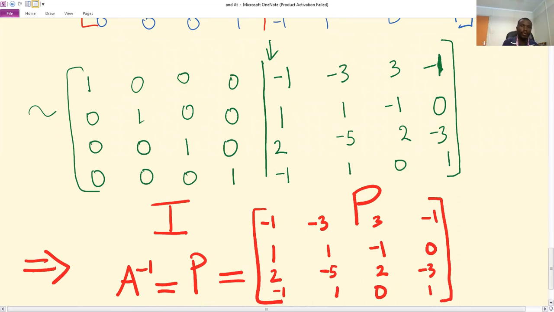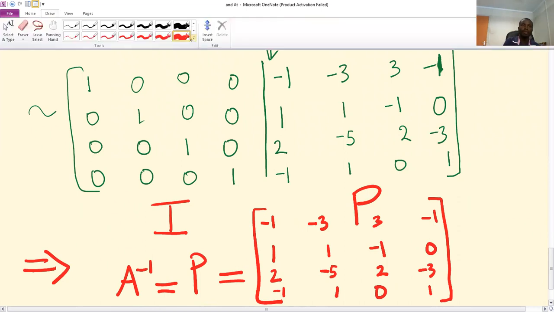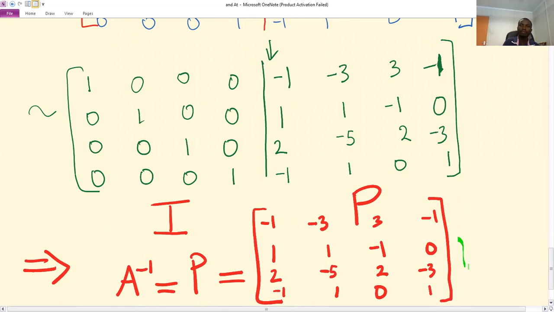So therefore, the inverse of the matrix is minus 1, minus 3, 3, minus 1, 1, 1, minus 1, 0, 2, minus 5, 2, minus 3, minus 1, 1, 0, 1. So that is how we solve that problem. Thank you.